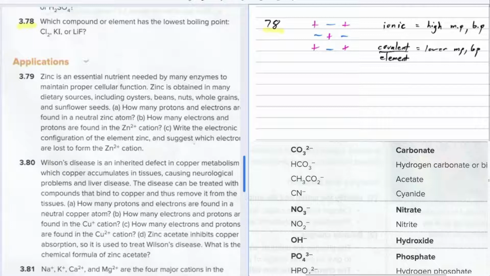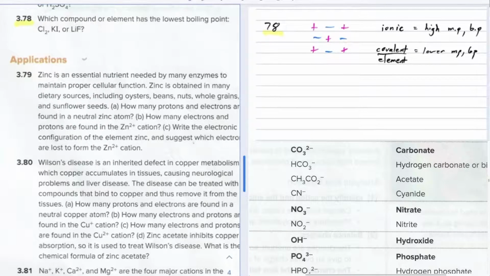So when you see these three over here, you should identify this as an element, and that's an element. But these two over here, that one and that one, are both ionic compounds. You can identify them as ionic compounds because you've got a metal and a nonmetal: potassium and iodine, lithium and fluorine.